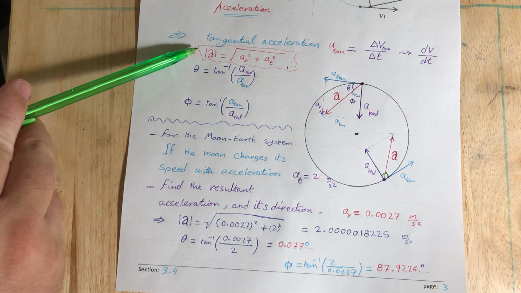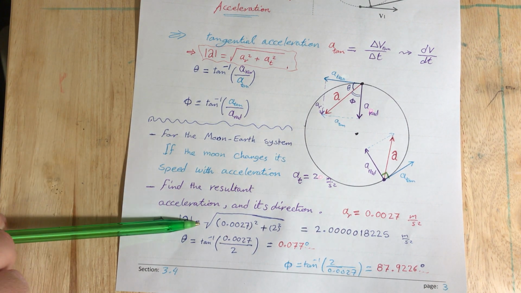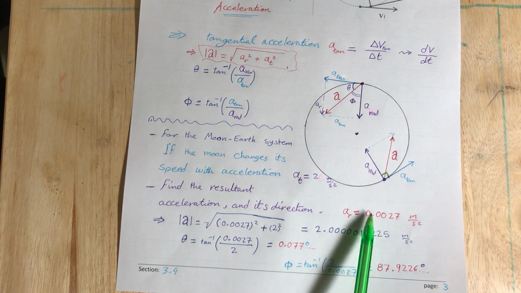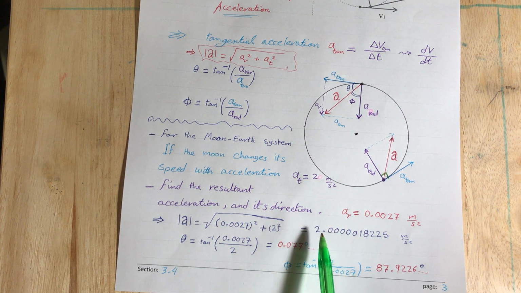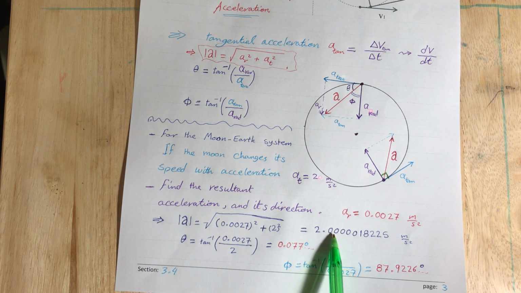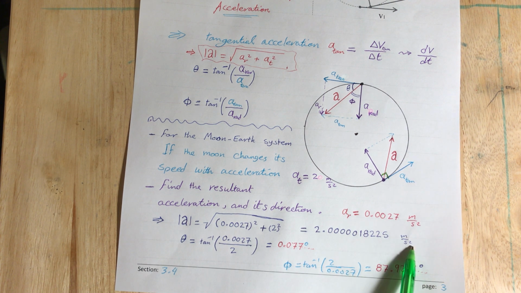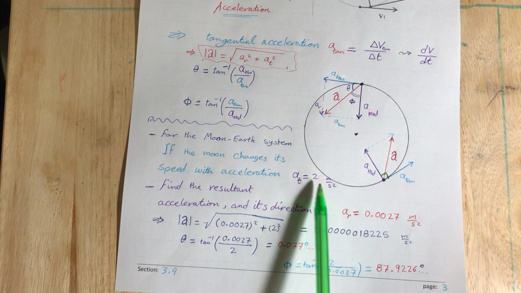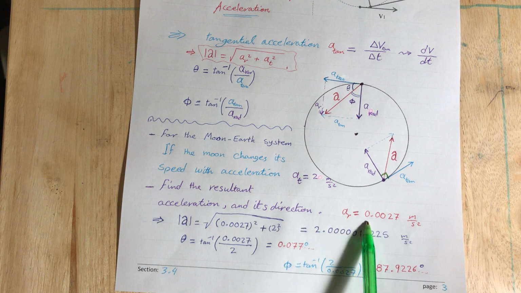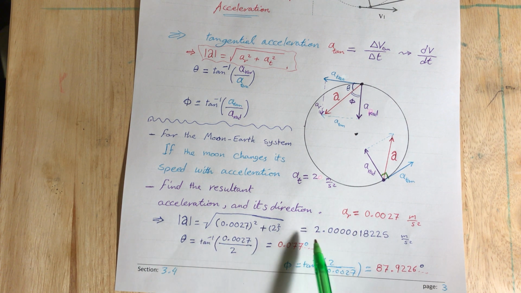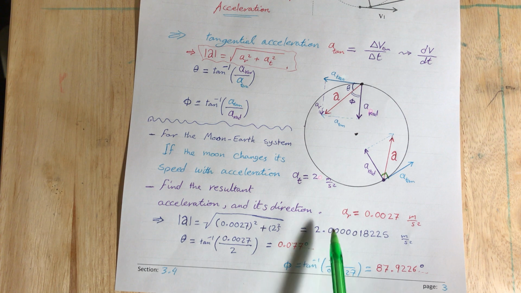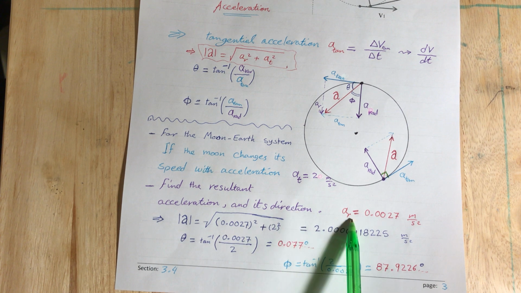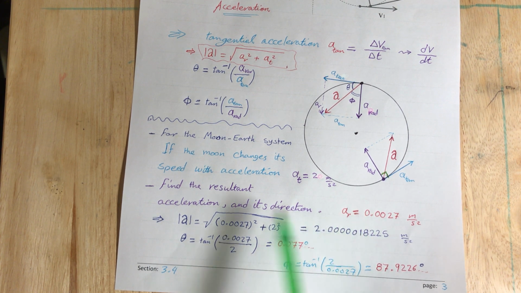We just need to use the Pythagorean theorem. A is equal to the root of the sum of the squares of the two accelerations. This will be equal to 2.0000 and something meters per square second. It is near to the A tangential because A tangential is way more than A radial. We have a resultant, but it is almost equal to the A tangential, if you see that, because this A radial is small.